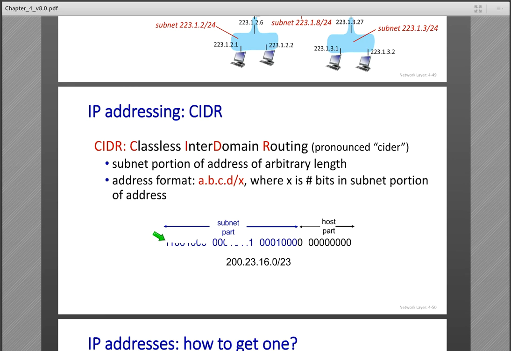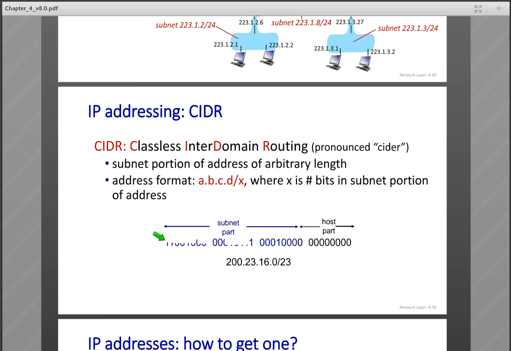And the last address in a network is an IP address with a couple of 1 in the host part, in the host ID of the address.